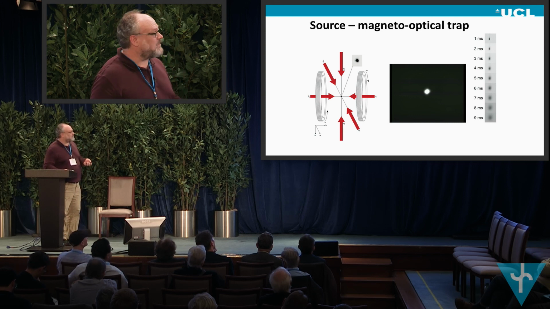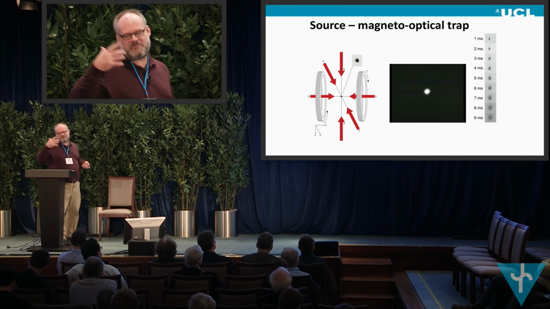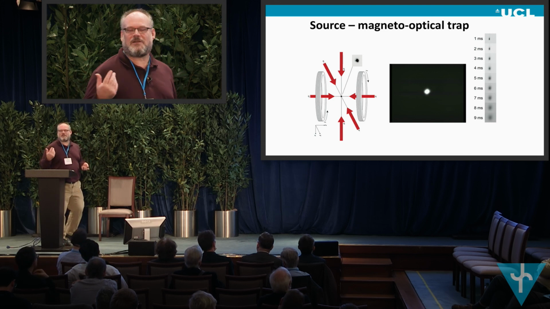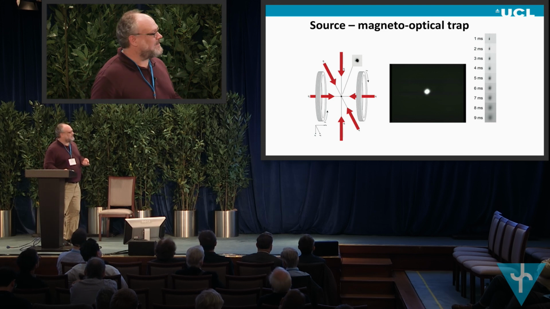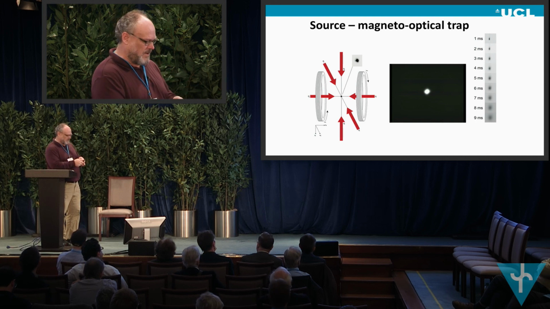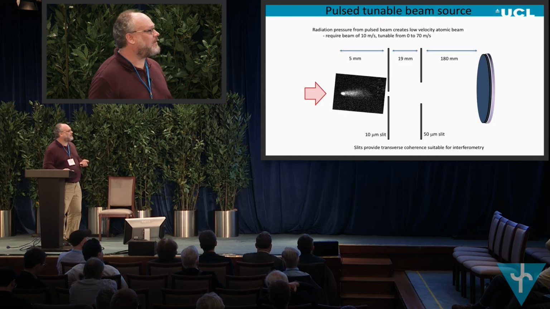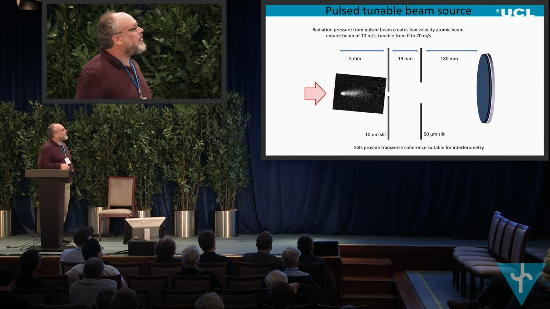The reason it's not suitable is that we just can't get enough particles in here. We have 1 or 2 million, which sounds like a lot, but because it's so cold, these particles are expanding, and so we only get to use a very small part. If this has to fall 20 centimeters, then we're only using a very small part of this beam.